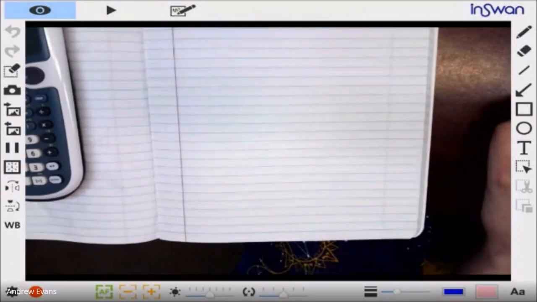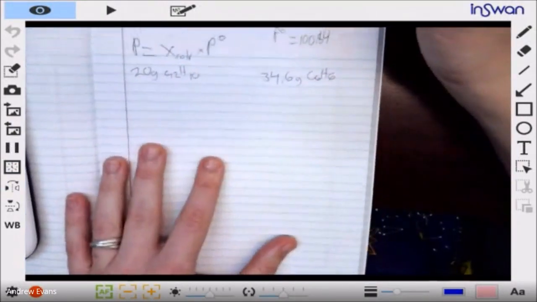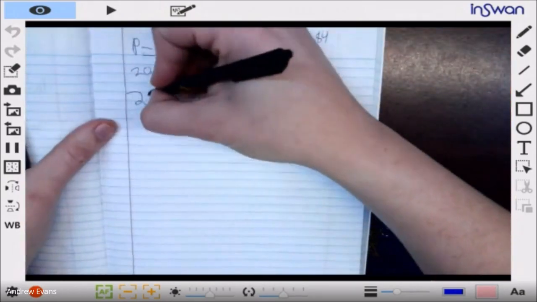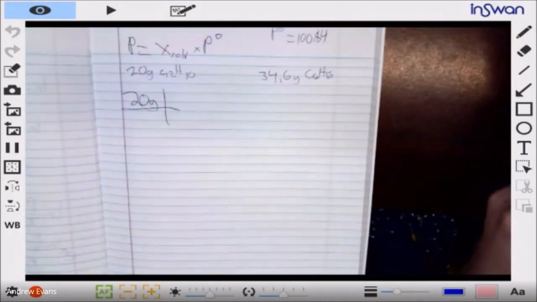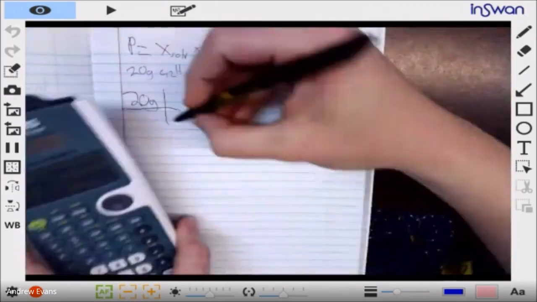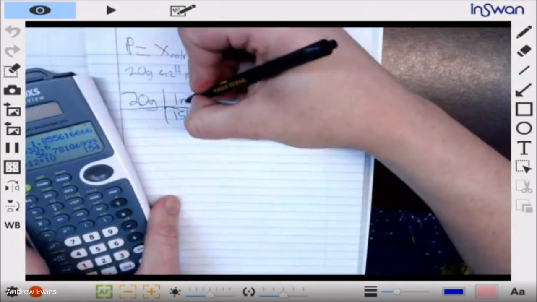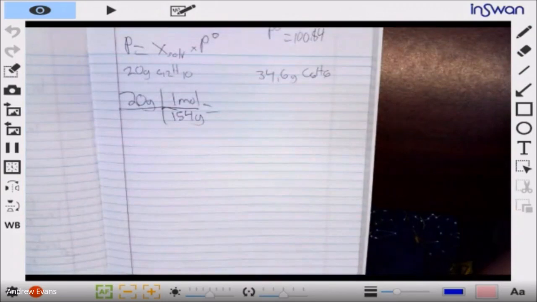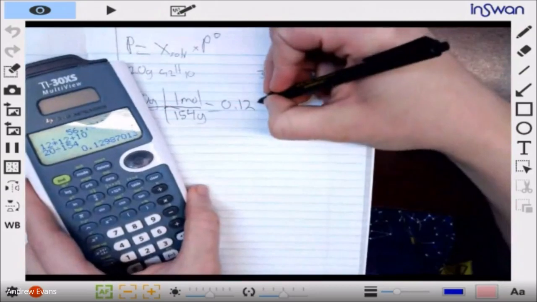Okay. So start. How many moles of biphenyl do we have? 12 times 12 is 144, plus 10 is 154. So 154 grams is one mole, and 20 grams is 0.1299 moles.